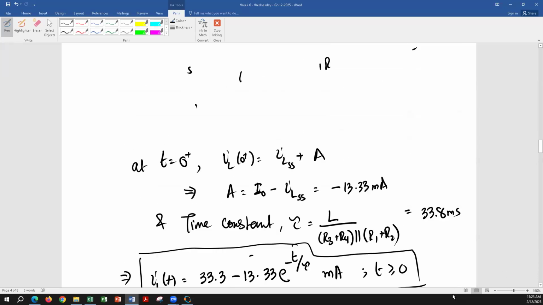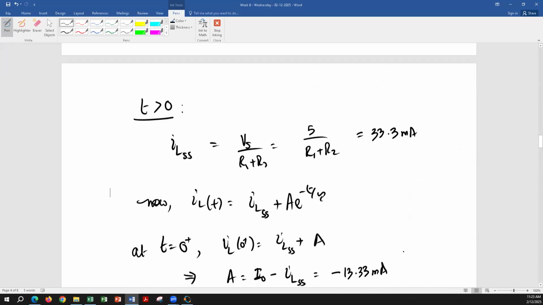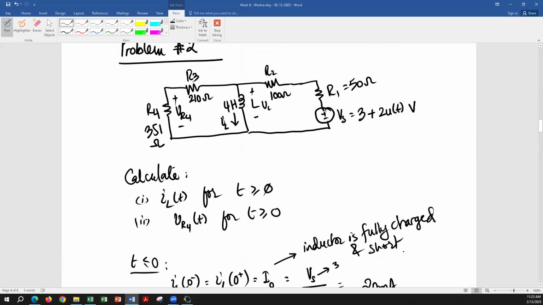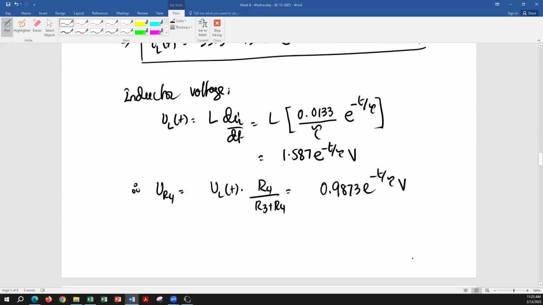That's what we're looking for, right? Voltage across R4. Yeah, voltage across R4. So that is what I'm getting.